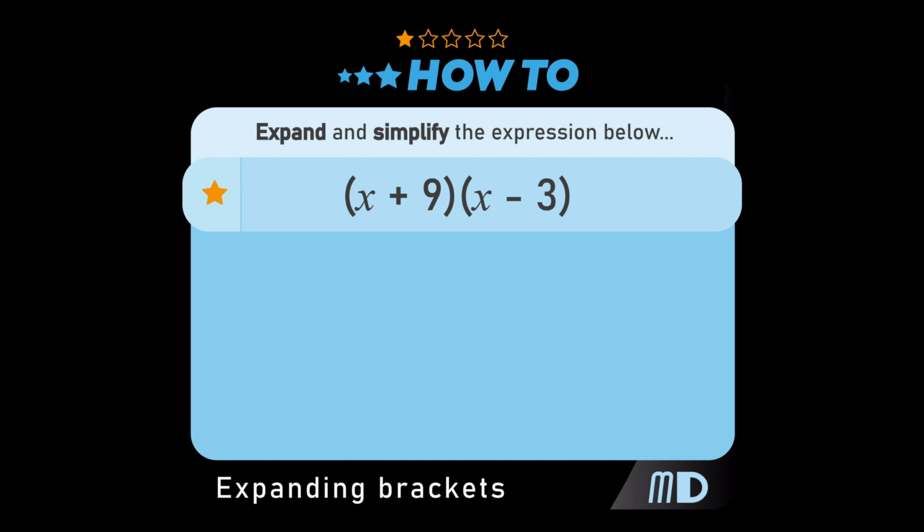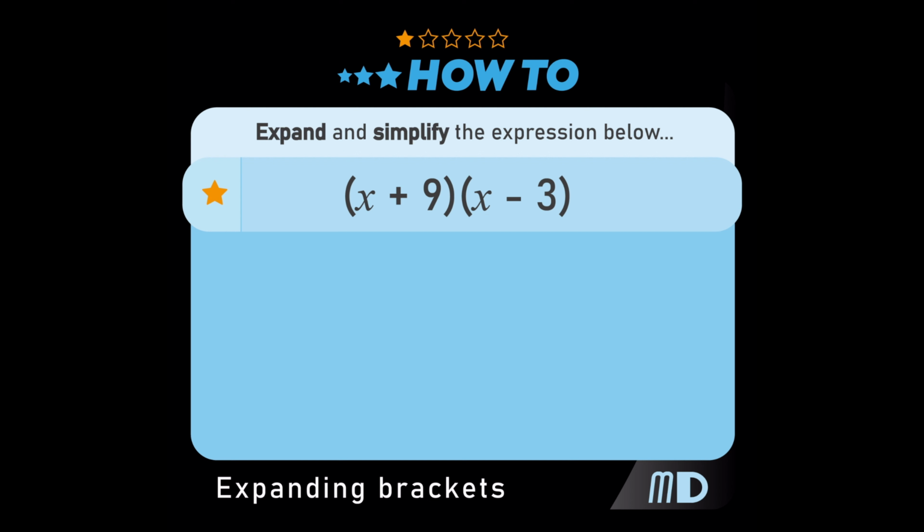The expression here is x plus 9 enclosed inside one pair of brackets, multiplied by x minus 3 enclosed inside a second pair of brackets, paying careful attention to the minus sign.